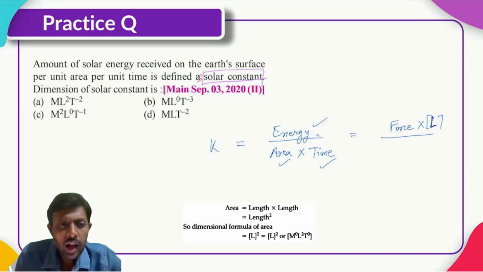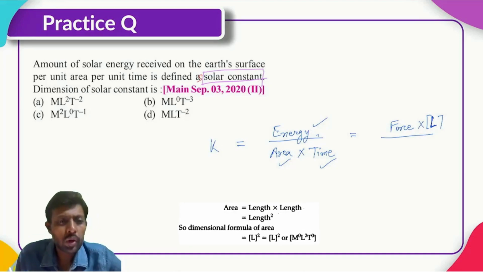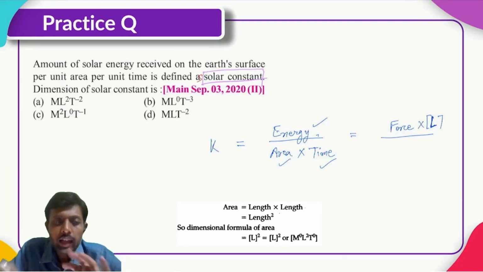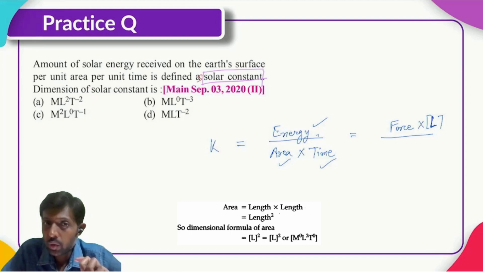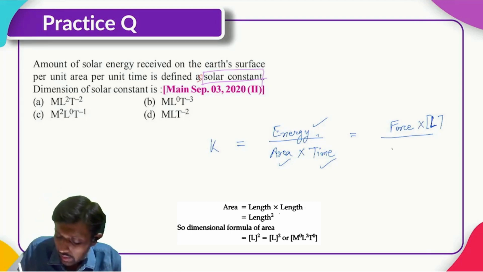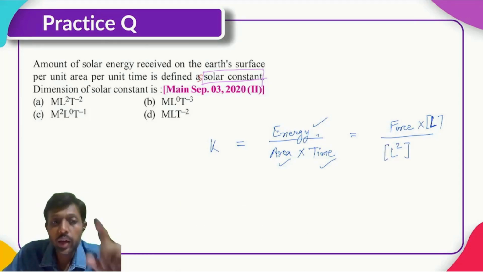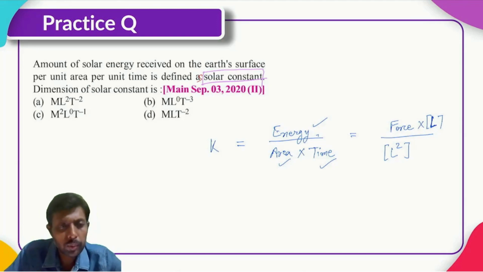Area, how would you write the dimensional formula of area? Area of anything is length multiplied by length. So if we are calculating the area of a square, it's side length into side length. So that's basically L square. Area of a circle also, you'll see R square is there, right? So L square will be there. So that's the dimensional formula of area.